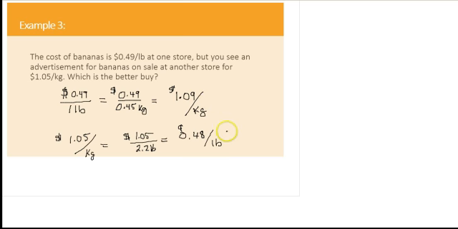Either way, we can see, oh yeah, that's slightly cheaper than the cost given in pounds, dollars per pound, and we can see that the dollars per pound is a little more expensive.